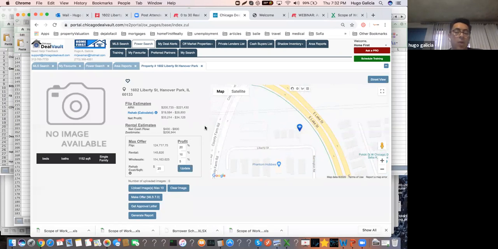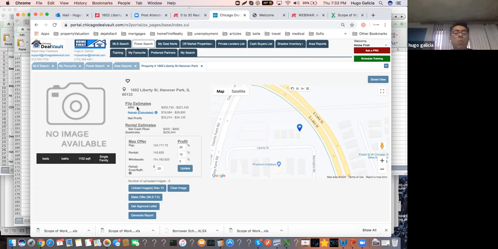And not only that, but the quirky second floor layout of a tandem bedroom is a big no-no, because it's converting the 3-bedroom into a 2-bedroom. Not only that, but the scope of work on this property is not cosmetic. This is, I would say, medium to heavy rehab, because you're going to spend close to 35, 40,000.